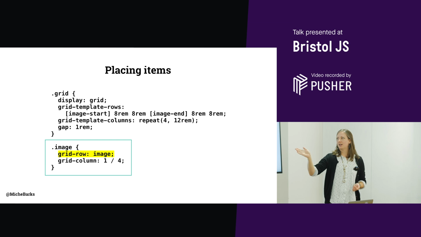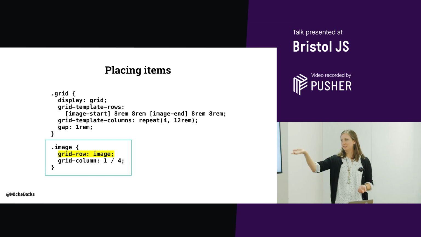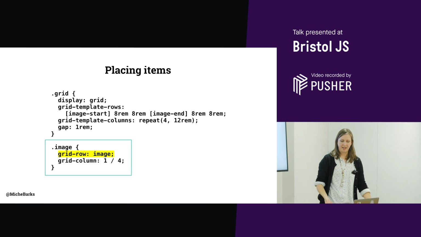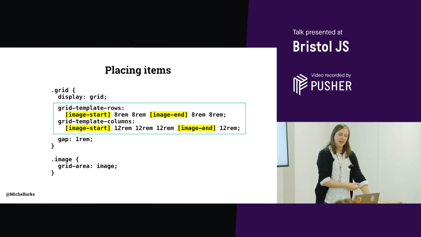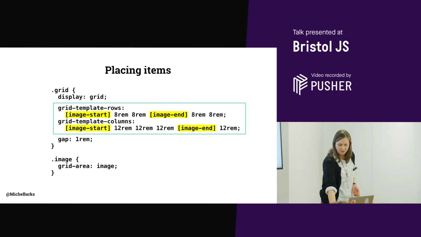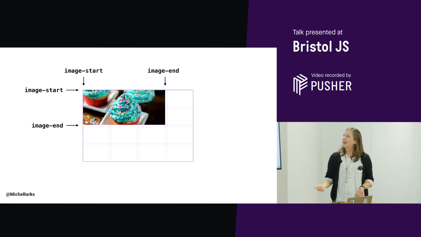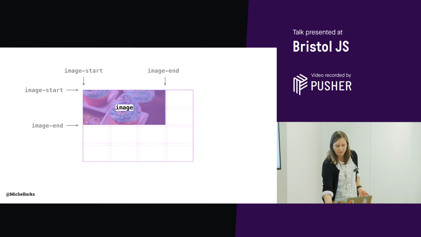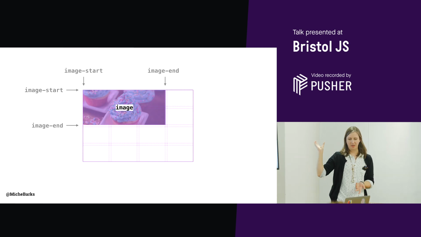Instead of saying image start / image end, we can just say, place this in the grid area called image on the row axis. And even better, if we do the same thing on the column axis, then that creates an area like this. So it's the equivalent to naming our lines on both axes, and that area is now called image.